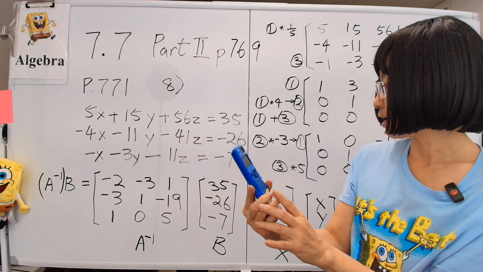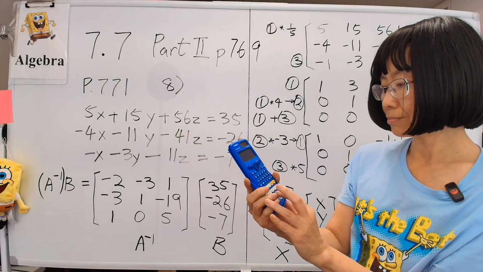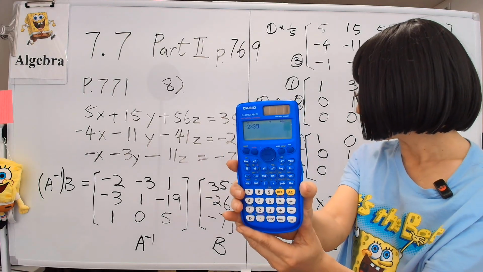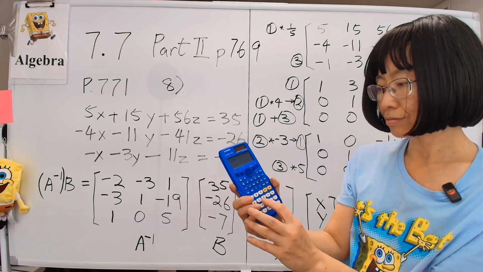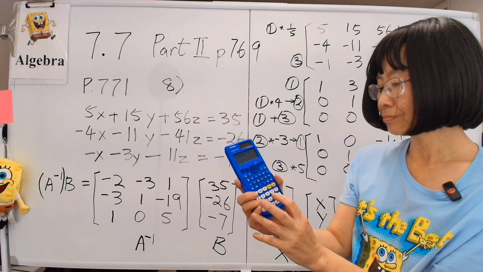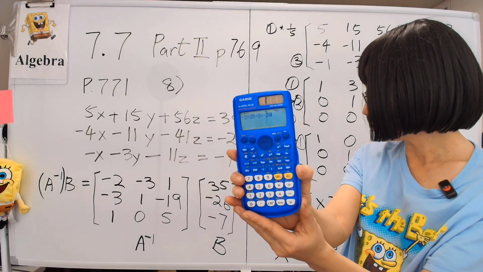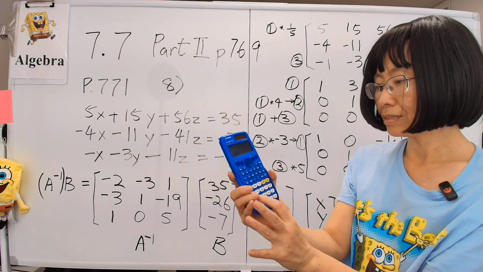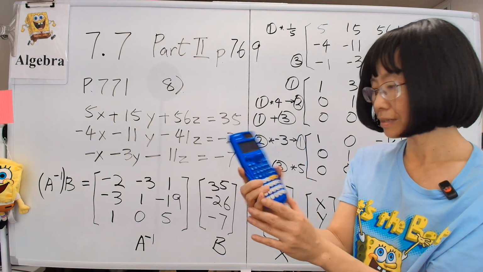There. So we'll have negative 2 times 35, and then minus 3 times negative 26, and then plus 1 times negative 7.